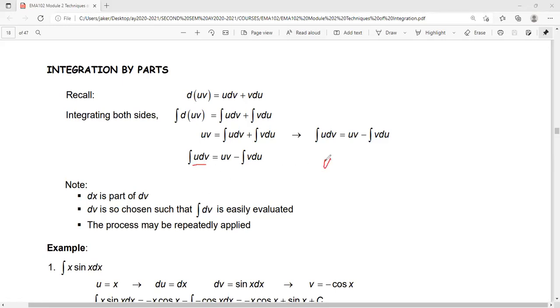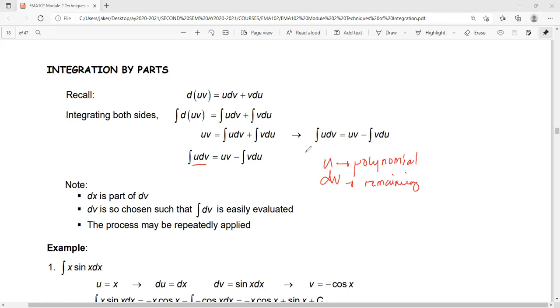You assign the u to the polynomial and you assign the dv to the remaining function, meaning the rest after you have already taken out the polynomial.